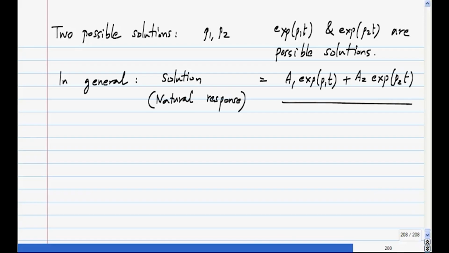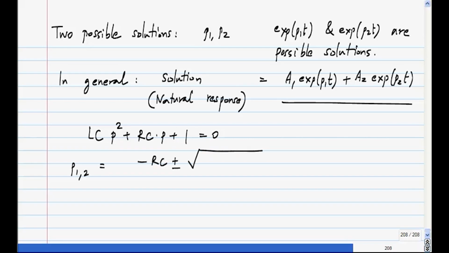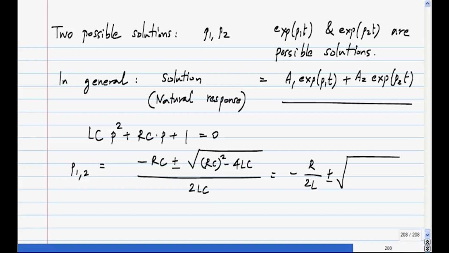There are some conditions that we have to further check. Okay, so, okay, now we have a quadratic equation. So what are the possibilities for the roots?